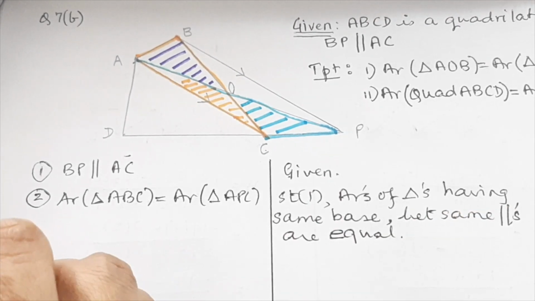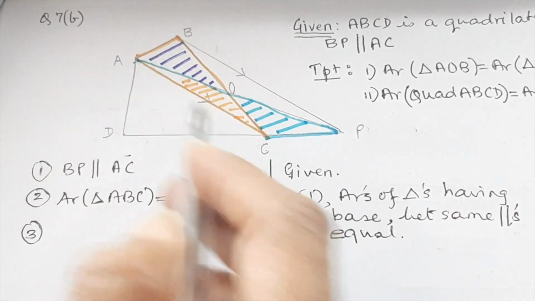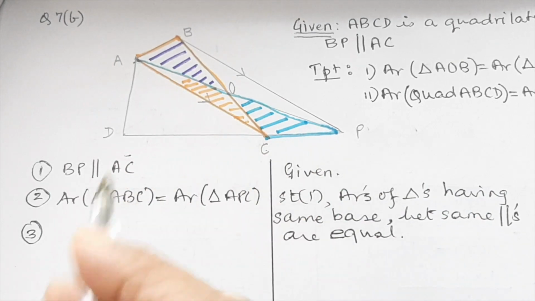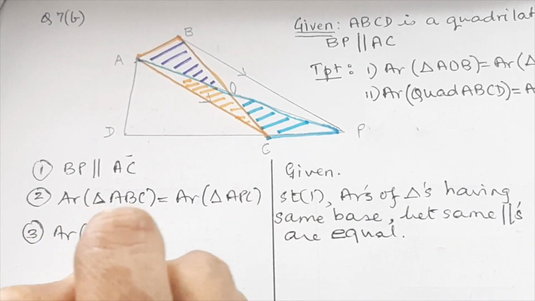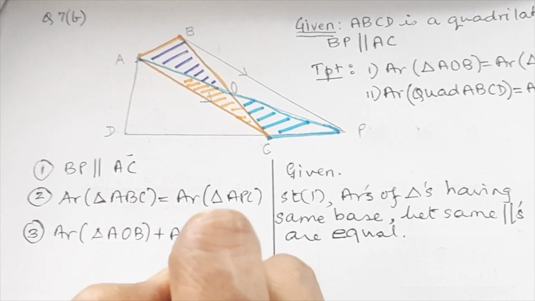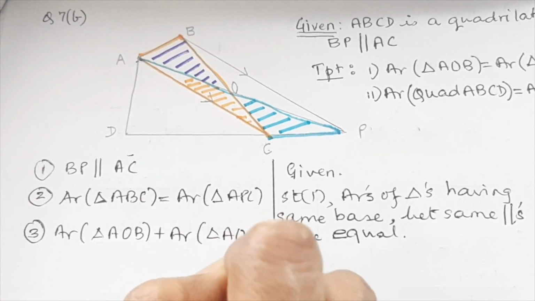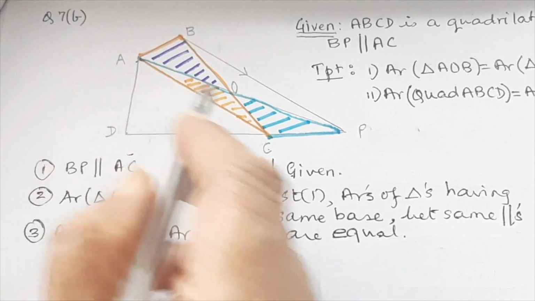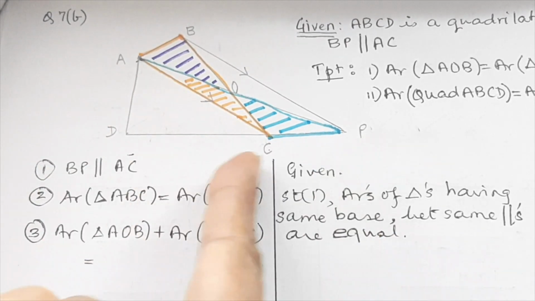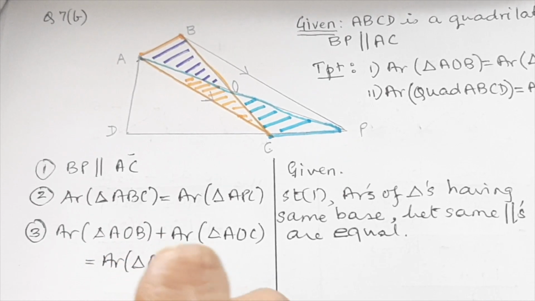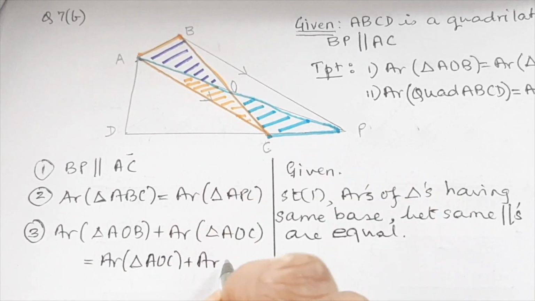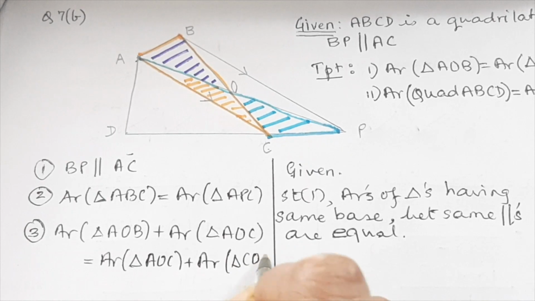Okay, now statement number 3, your ABC is made of purple triangle and the orange triangle, so we will write area triangle AOB plus area triangle AOC is equal to this one, APC becomes area triangle AOC plus blue triangle, that is area triangle COP.